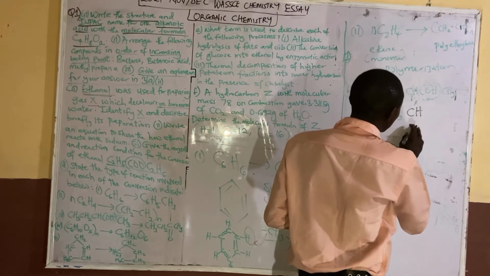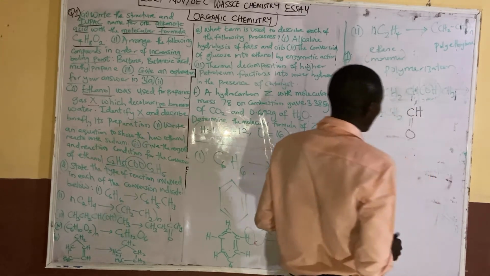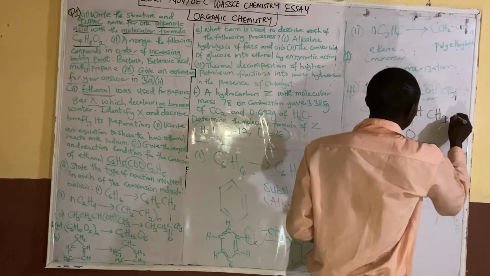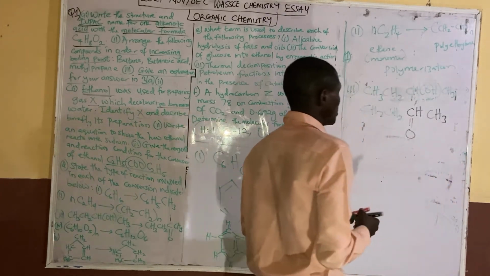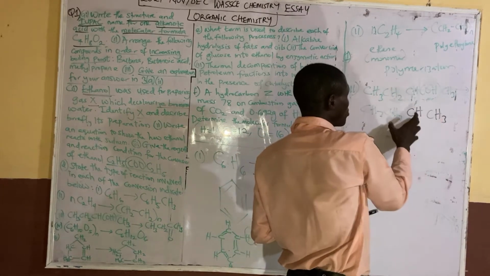Now we have that one. Now this CH now becomes double bond O. CH3. Now something has taken place here. Now we have OH here, and it's now becoming a double bond.